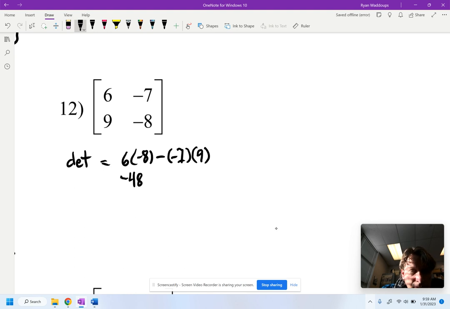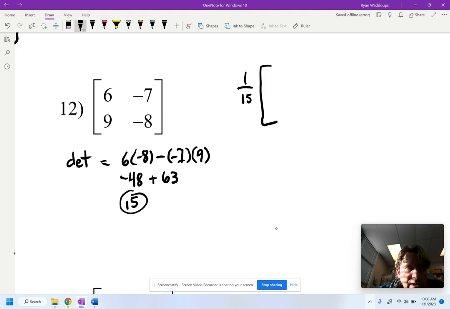Those negatives cancel, and you're left with plus, and then 7 times 9 is 63. Negative 48 plus 63 would be 15. So that's our determinant.